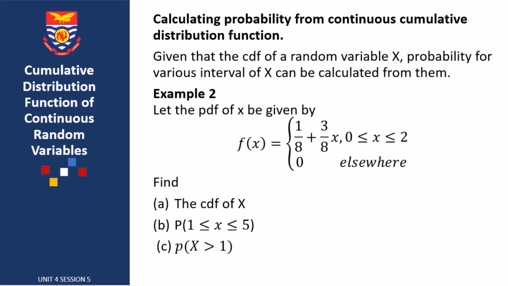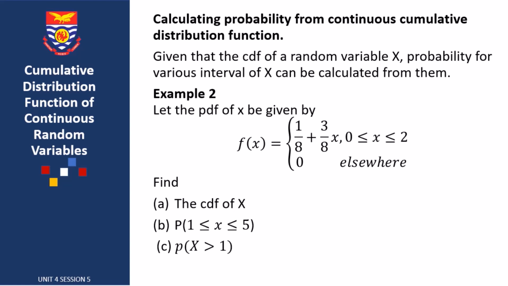Calculating probability from a continuous distribution function. Given the CDF, that is the cumulative distribution function for random variable X, probabilities for various intervals of x can be calculated from it. So let's look at example 2.